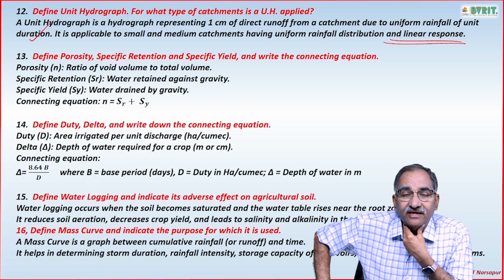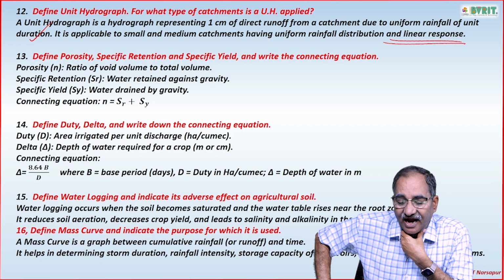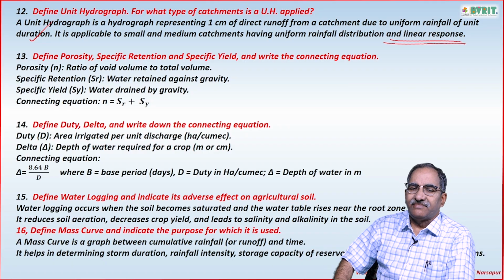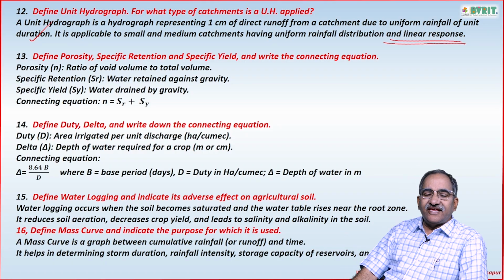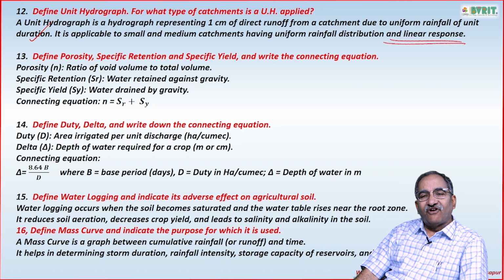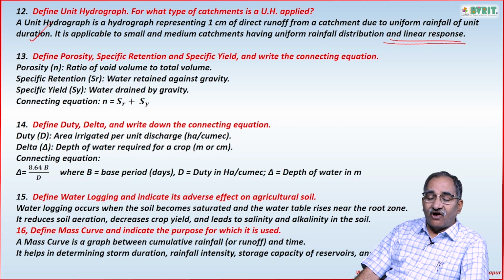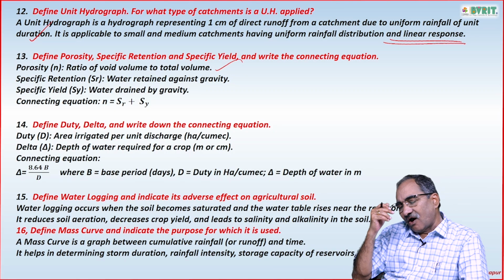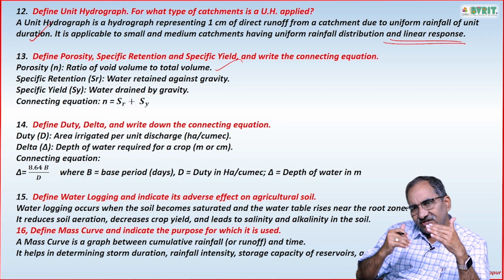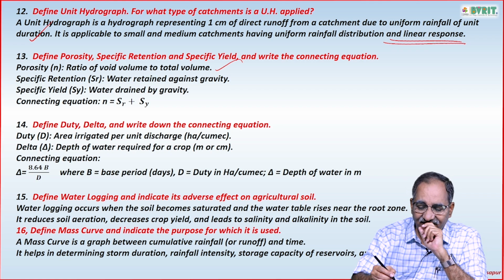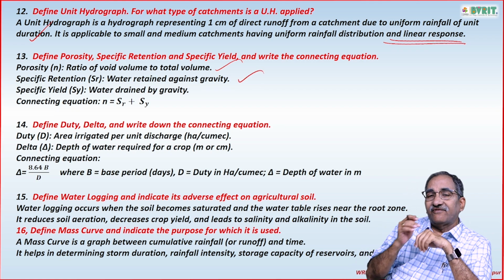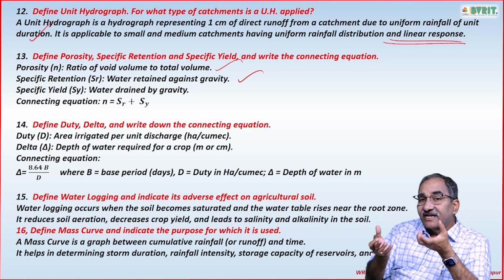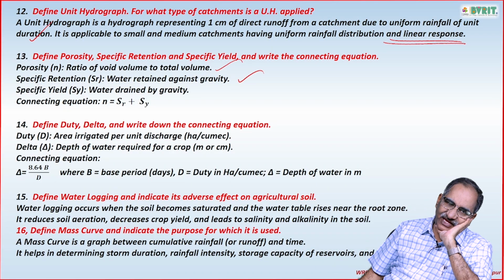Define porosity, specific retention and specific yield and write the connecting equation between them. Porosity is the ratio of void volume to the total volume of soil sample. Out of that, the water that is retained against gravity gives specific retention.